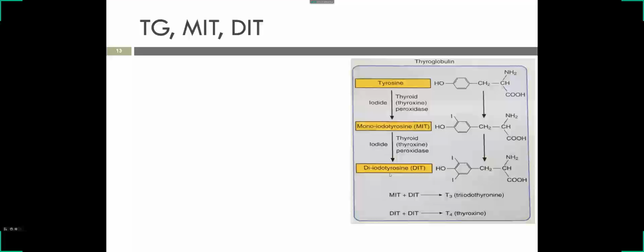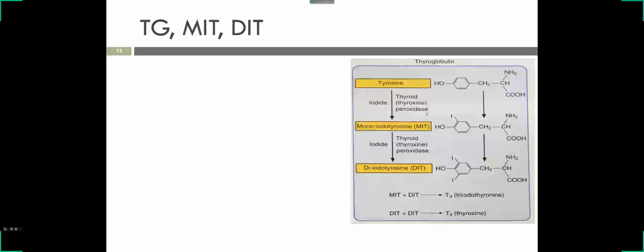So the process is like this. First, you start with a tyrosine, then it gets iodinated by a thyroid enzyme called thyroid peroxidase to form monoiodotyrosine, or MIT.